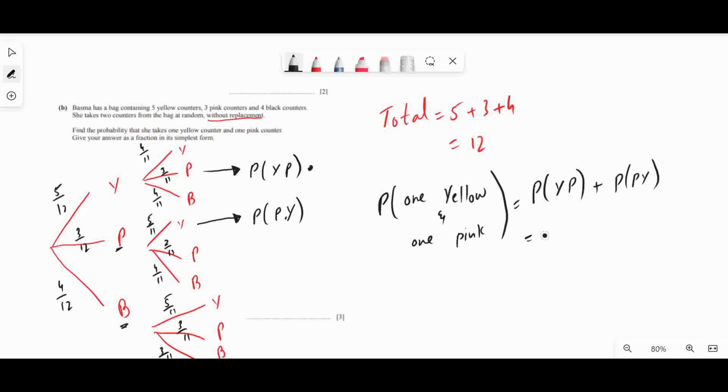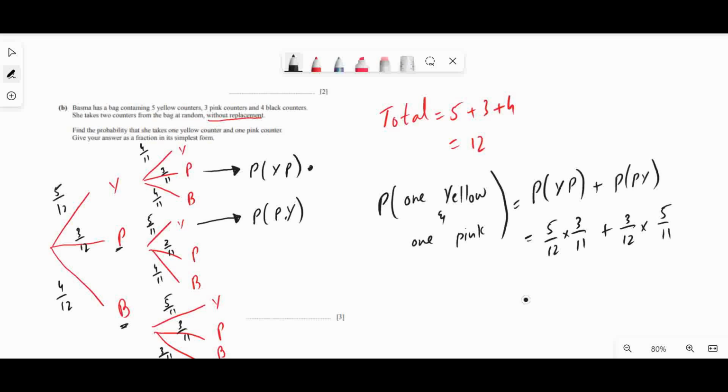Now this will be equal to 5 by 12 into 3 by 11 plus, for pink, 3 by 12, this is the first pink, multiplied by yellow, which is 5 by 11.